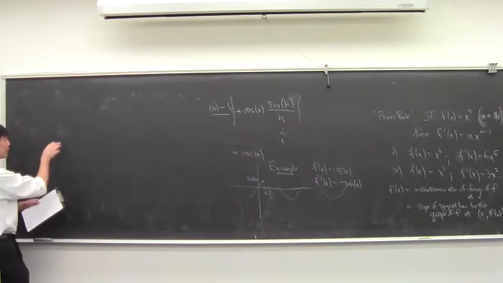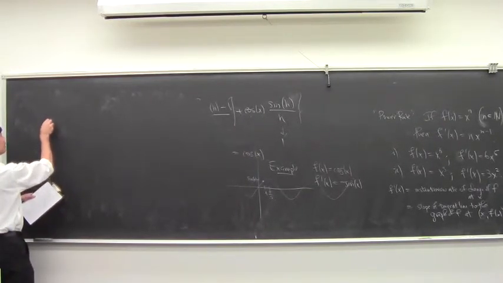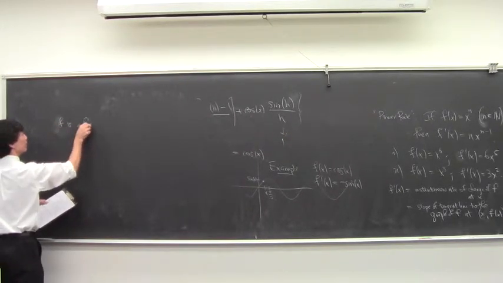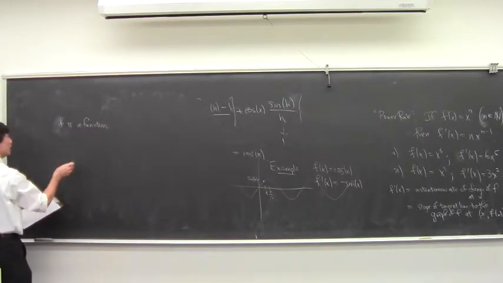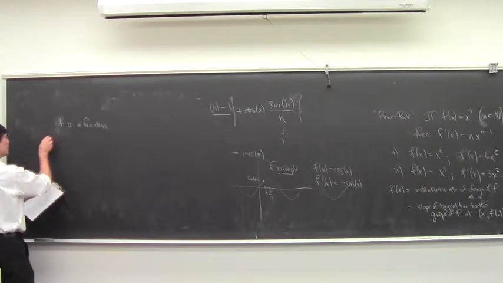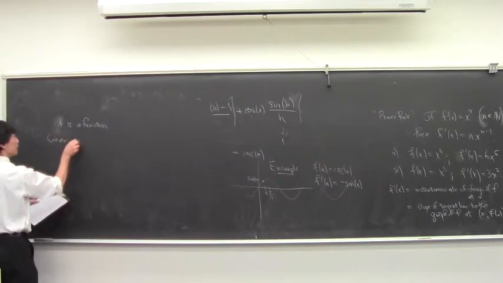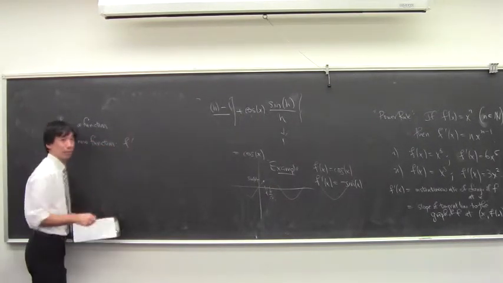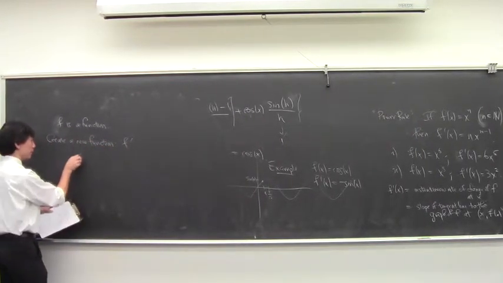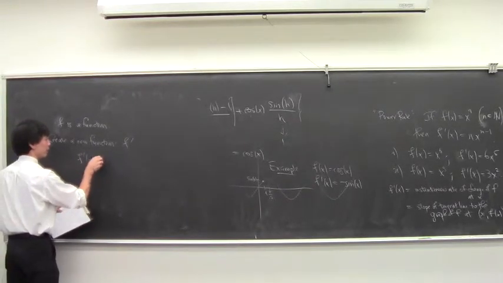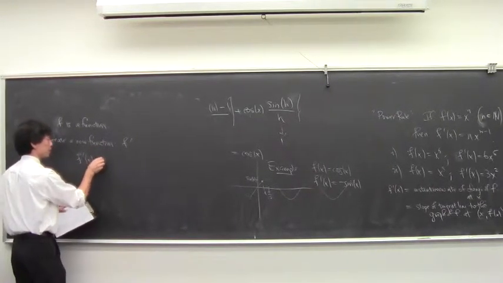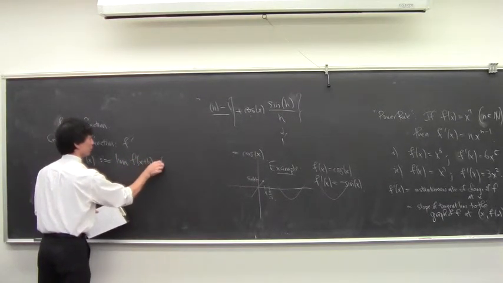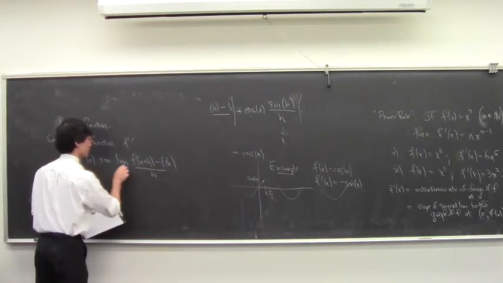All we're doing is this. You have some function, f is a function, and then we create a new function, f prime. The way it's defined is f prime at some point is defined to be the limit of f of x plus h minus f of x over h as h goes to 0.